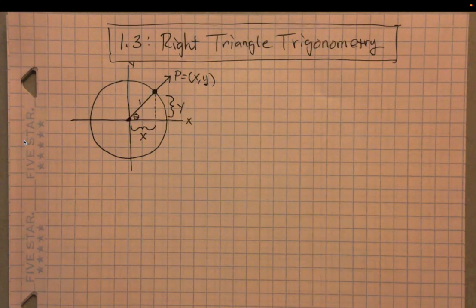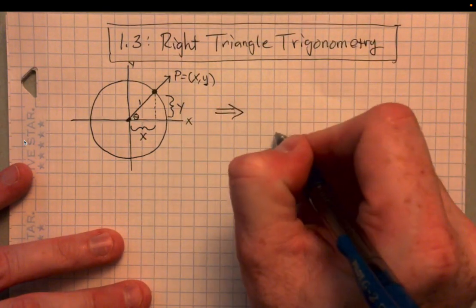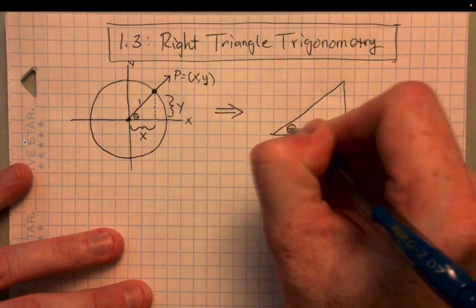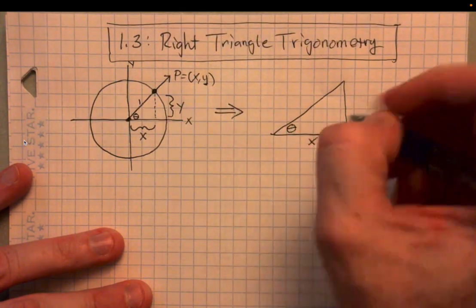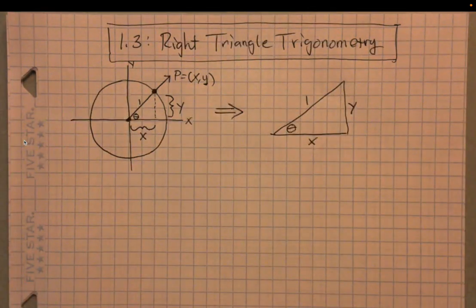Another interpretation of the trigonometric functions can be based on this right triangle. Just to make that explicit, let's pull the triangle out. So we've got this theta, an x on this side, a y on this side, and 1 up here.